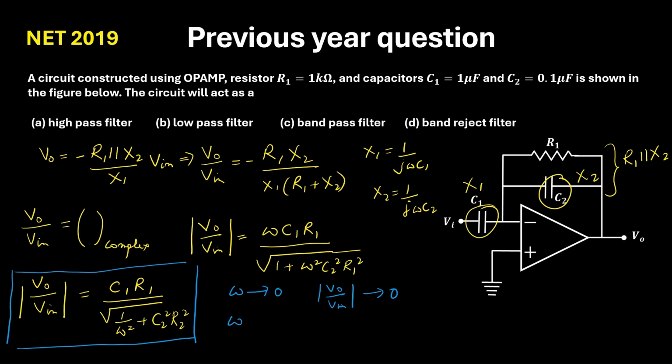What about when omega is tending to infinity? Then in that case, V naught by V in will tend to C1 by C2, which is a constant. So at higher frequency, the gain is constant, and at lower frequency, the gain is tending to 0. So basically, the circuit is behaving like a high pass filter. So option A is the correct answer.